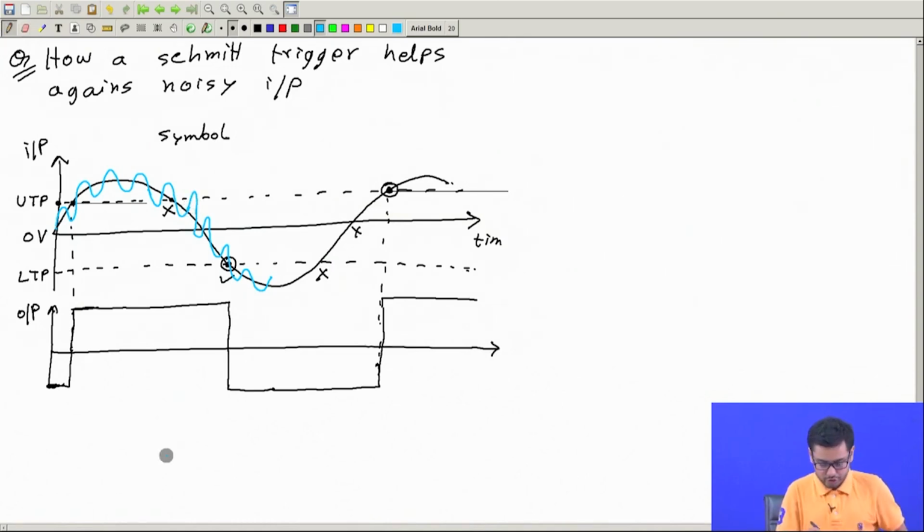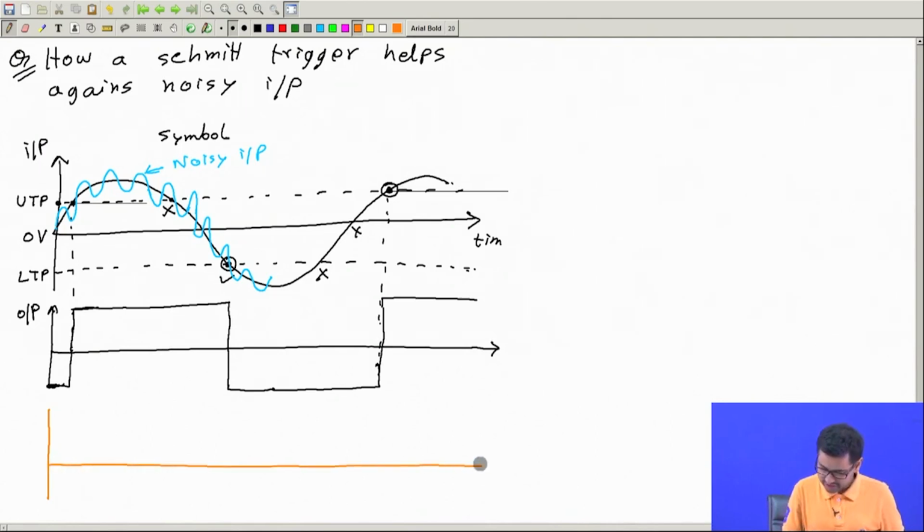Okay. So this is the noisy input. Now if we had used a comparator, then the output would have been like this. So let's just consider at this point, only at this point.